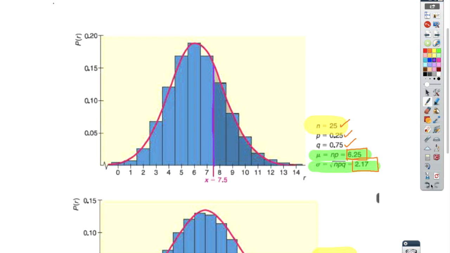Let me go back again. We want to find 8 or more. Well, 8 or more is here and forward. But you'll notice that this 8 is right in the middle of a bar. Remember how we do this when we're making histograms? We fluff up the bars on either side so that they all run flush to each other.